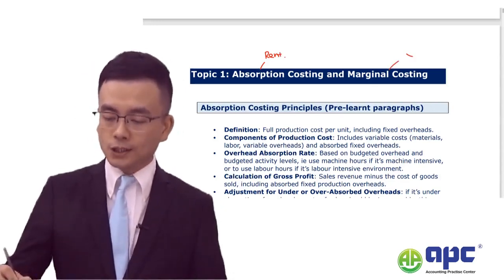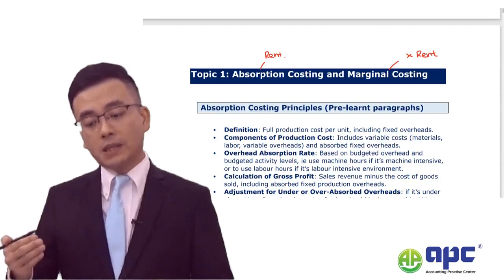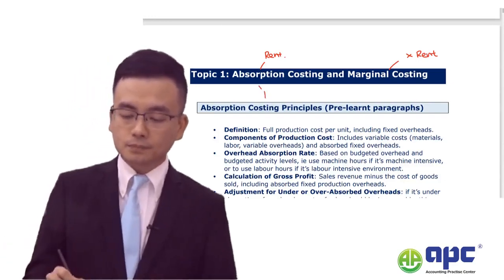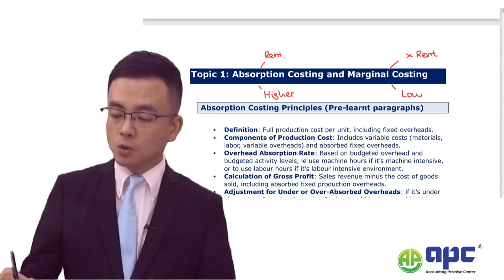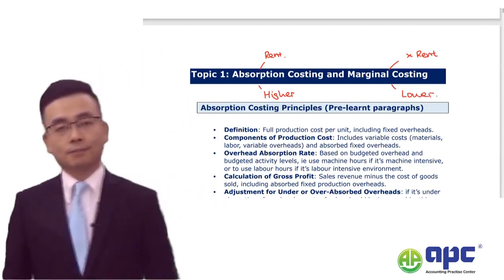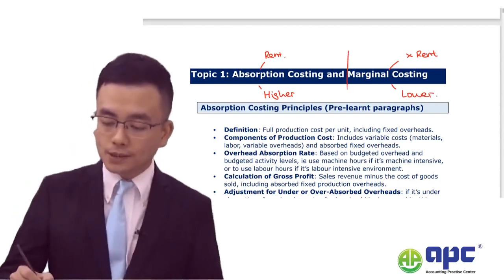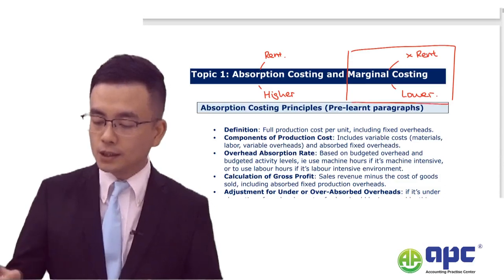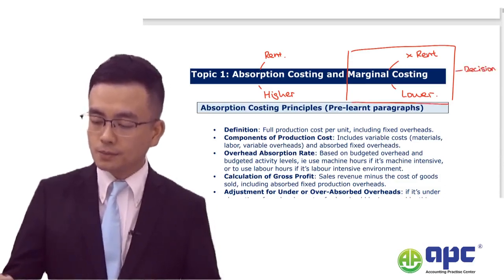However, marginal costing does not really include rent. So this means that absorption costing gives us the higher cost value, and marginal costing gives us the lower cost value in the end. Of course, marginal costing, as we can see there, is usually used for decision-making purposes.